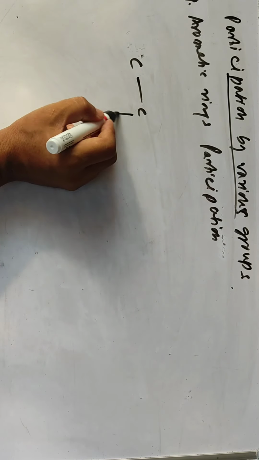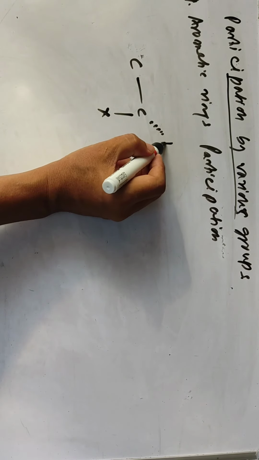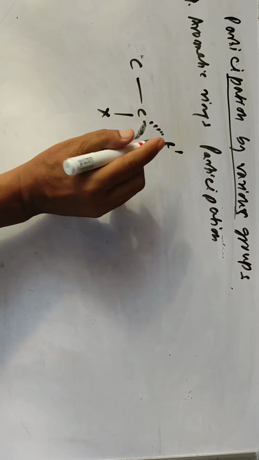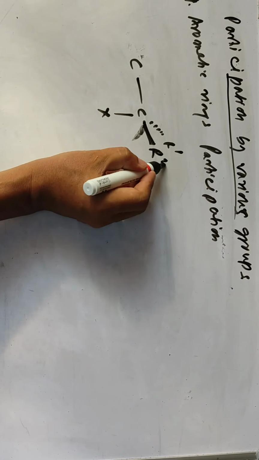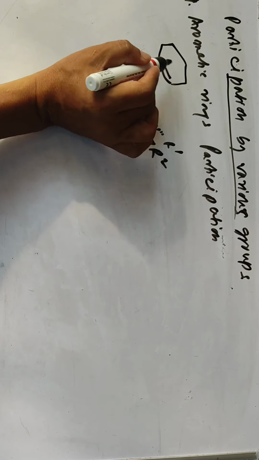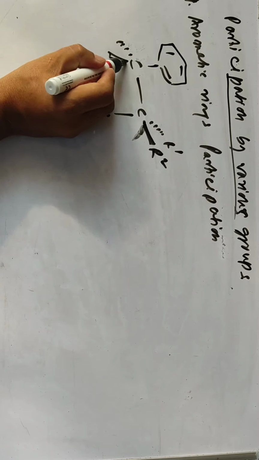Let's say this one is the leaving group. And then we have, let's say, R1 and this one, let's say R2 here. Then we have phenyl groups here, the aromatic ring.